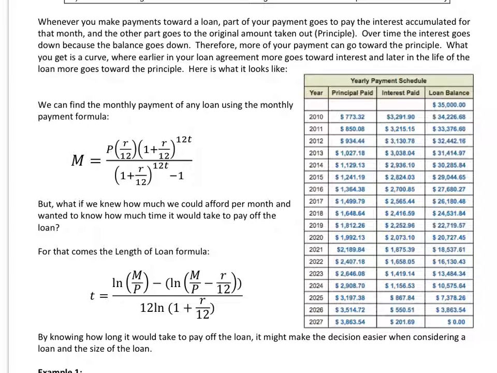So it looks like at first you're paying it off very, very slowly. But as the loan matures and goes towards the end of the loan, you'll see down here the very last payment. He was able to cover $3,800 of his loan, whereas only $200 went towards interest. So that's what you need to understand with that.